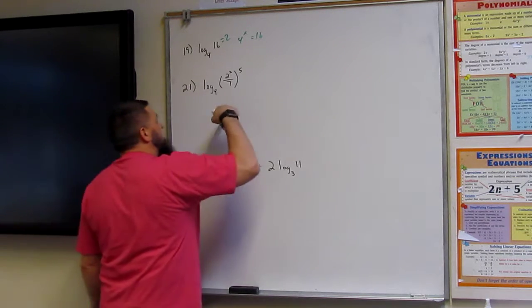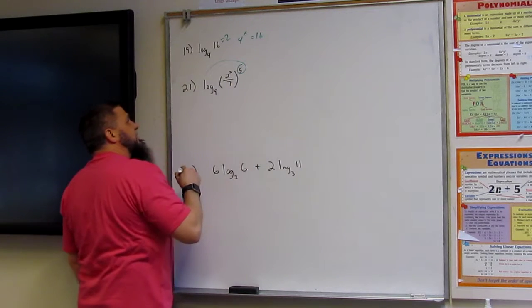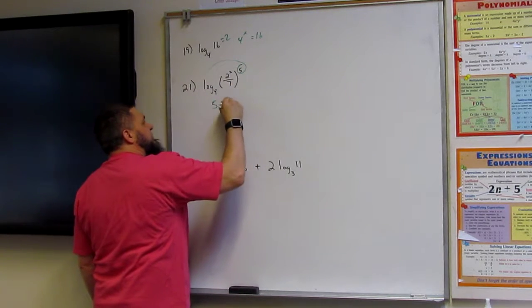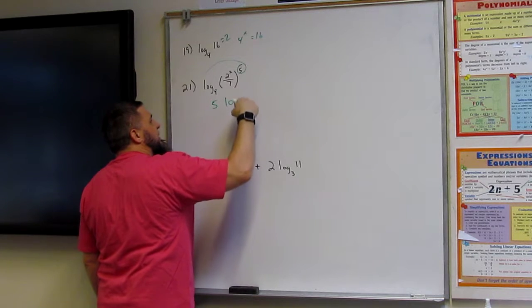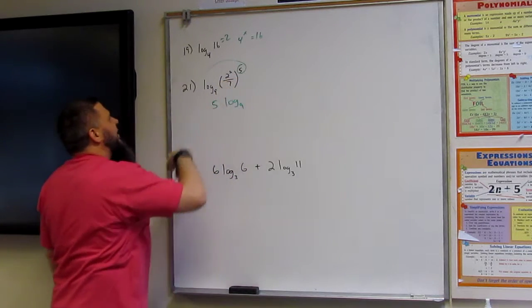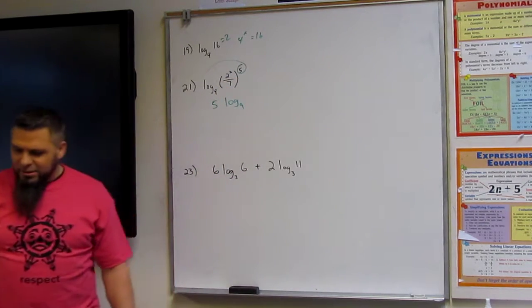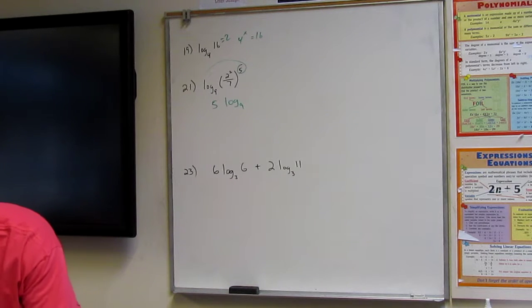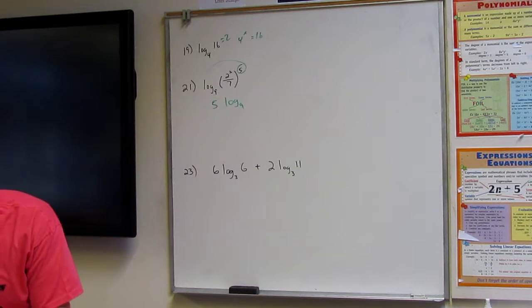Alright, so expanding. This goes out front. 5 times the log base 9 of 2 squared. Really? 2 squared? They really did that? Or is it z squared? It's 2. Why? Okay.